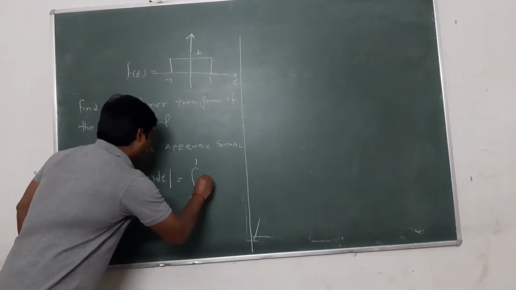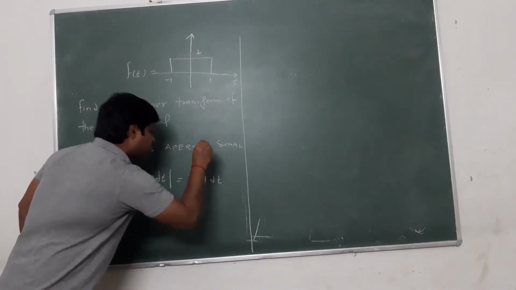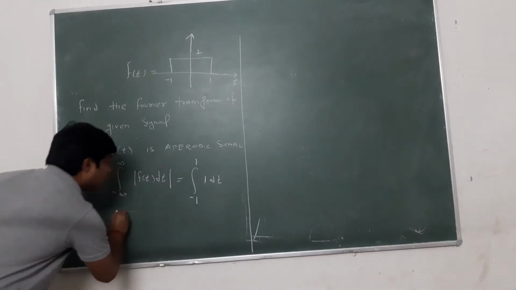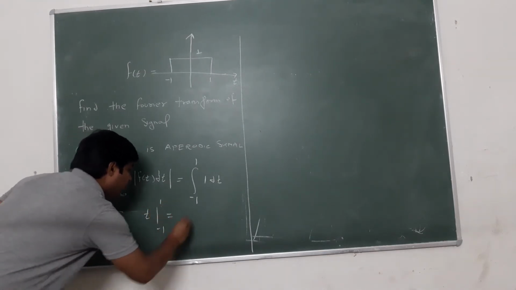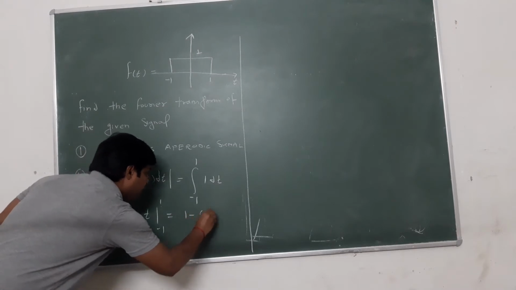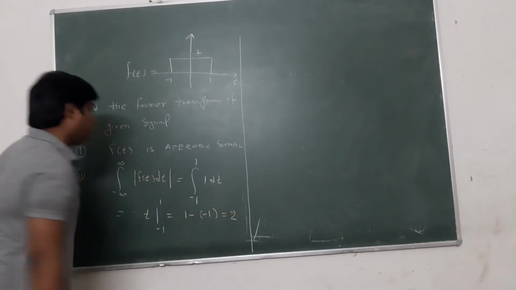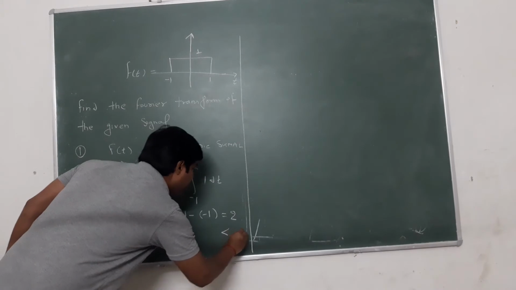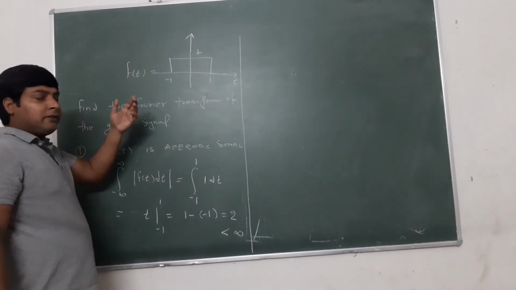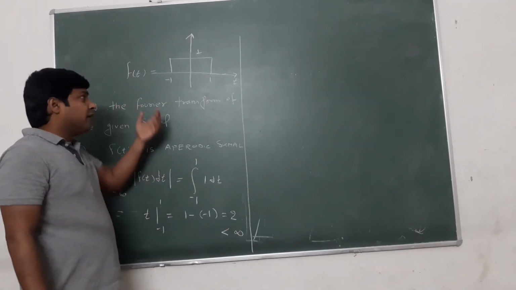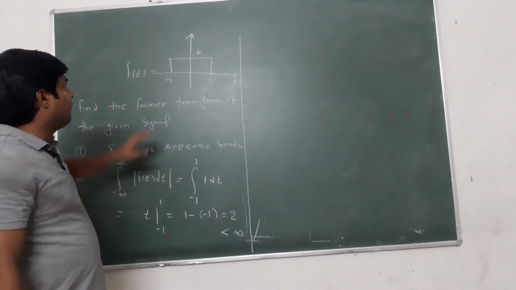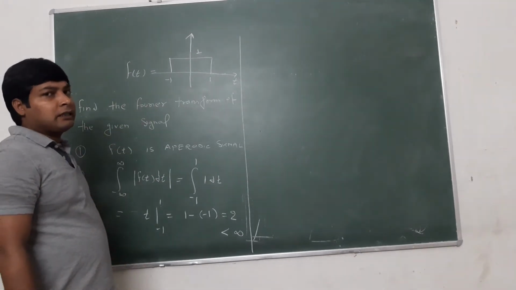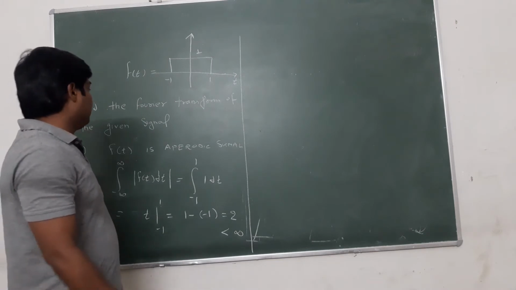So the integral of 1 dt from minus 1 to 1 is 1 minus minus 1, which is equal to 2. So this is less than infinity. So we can see that the given signal is satisfying the Dirichlet conditions. Hence we can find the Fourier transform of the given signal.